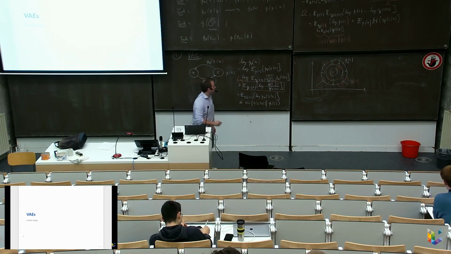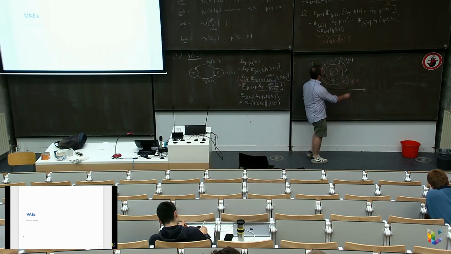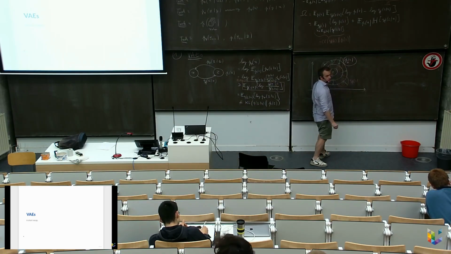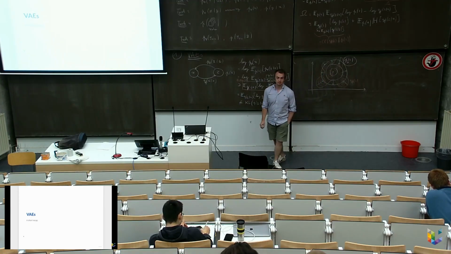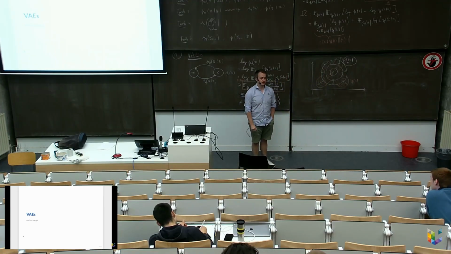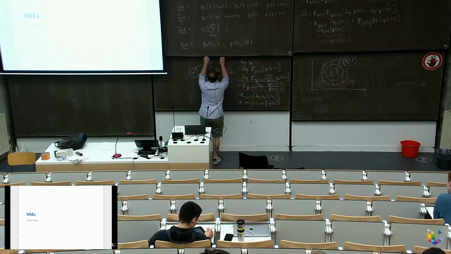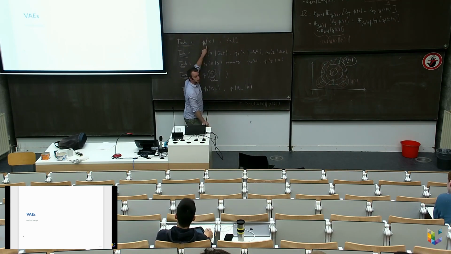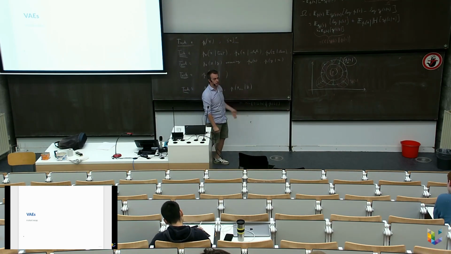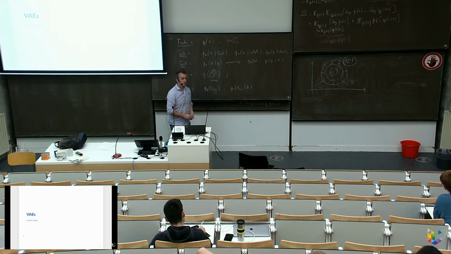Okay, but that means now I need to pick a distribution, a parametric distribution for the prior. Which is what I'm trying to do, right? I'm trying to do that. Except that now I want to do that at the level of some other variable z, but mathematically it's still the same problem.